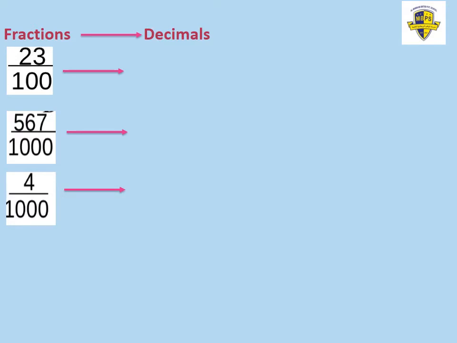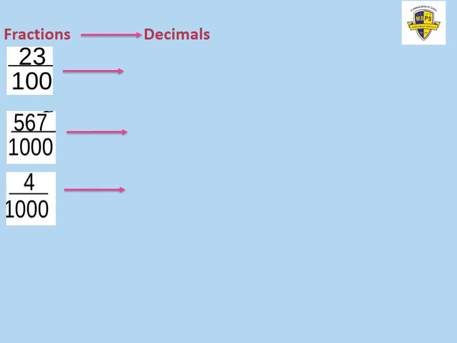Now, let's learn how we convert fractions to decimals. The first example we have is 23 out of 100. We want to write 23 out of 100 in decimal form. First we look at the denominator.